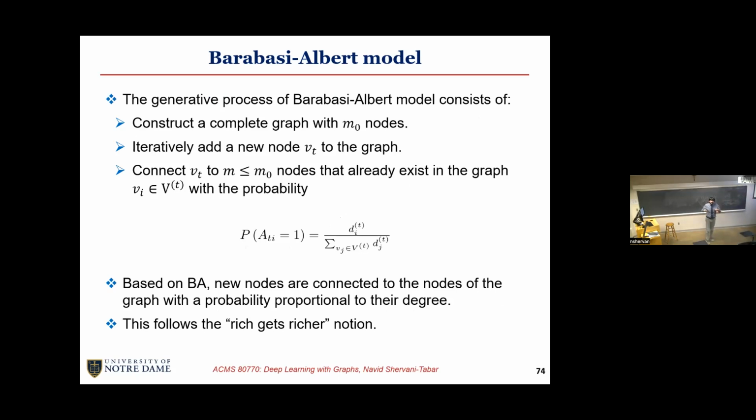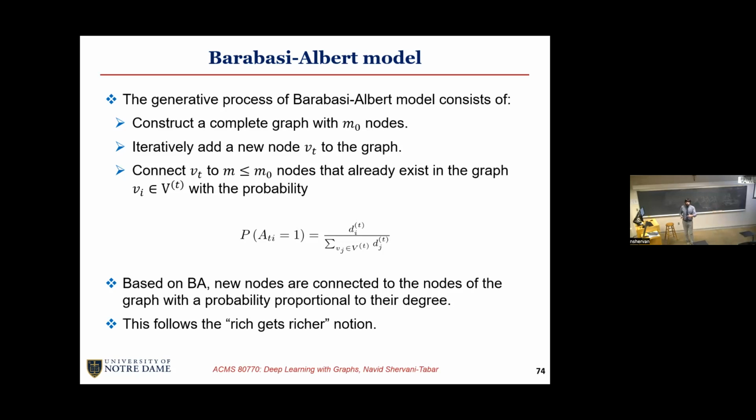The way to connect to these core nodes at each iteration is proportional to the degree of the nodes that exist. So that means that if a node is highly connected, there's a better chance that the new node is going to be connected to that highly connected node.